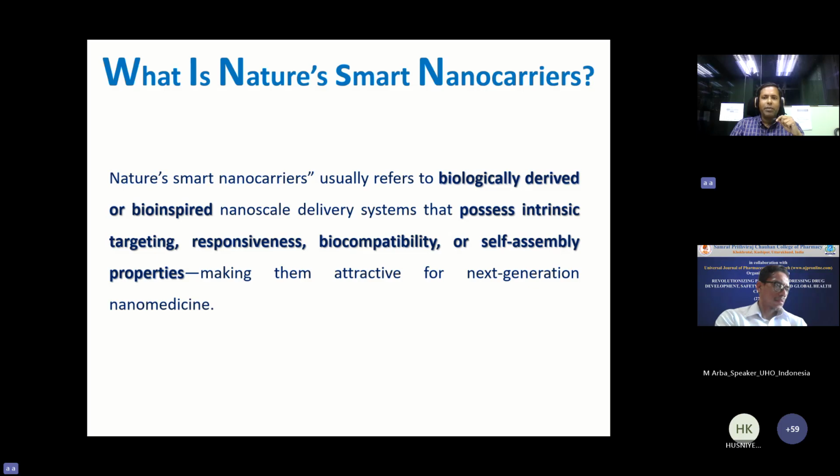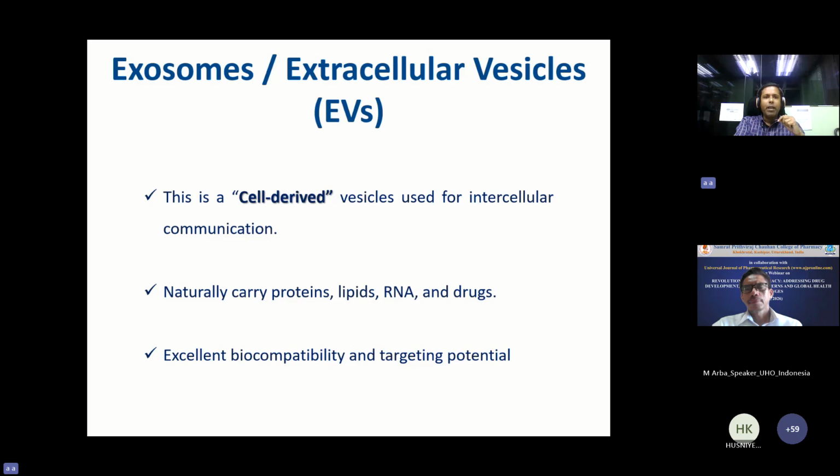Usually we can derive them from biological sources or bio-inspired sources. They can possess intrinsic targeting or responsive, biocompatible, and self-assembly properties, and those properties make them attractive for next generation nanomedicine.